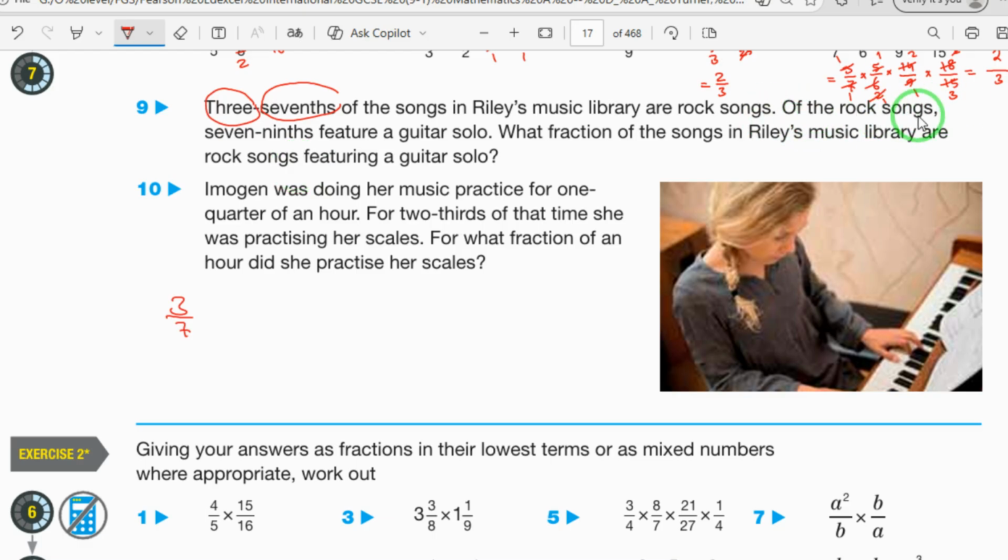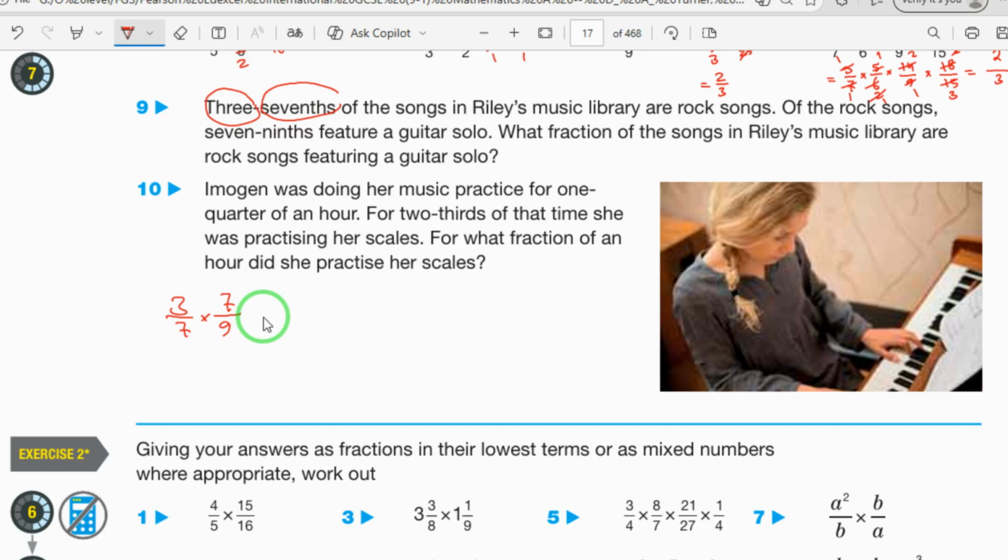Of the rock songs, 7/9 feature a guitar solo. From the rock songs, actually here we have 7/9. This is the guitar solo.